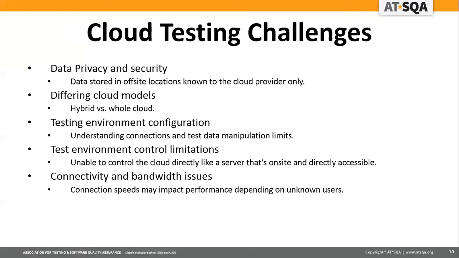Test environment control limitations: again, are you able to change the data, bounce a server, any of that type of testing actions you may have performed on premise may not be able to be done with a cloud provider. Connectivity and bandwidth issues may occur, depending again on what cloud model you use. You may have other users in the cloud, which may affect your application's performance.